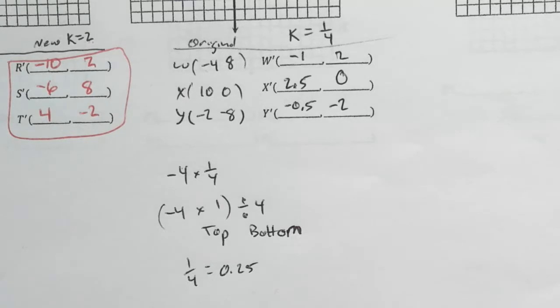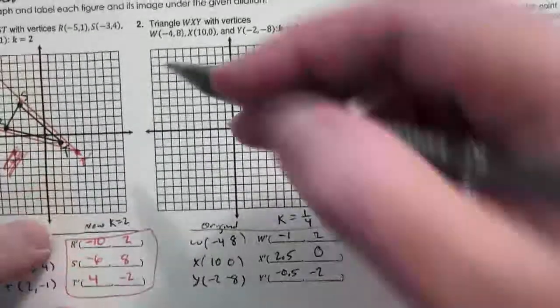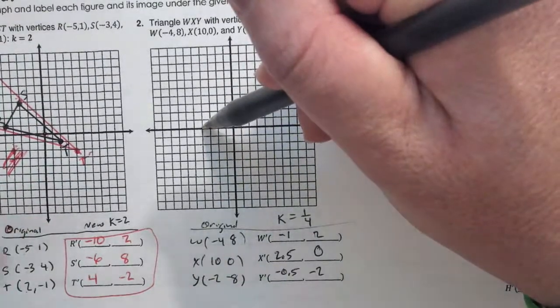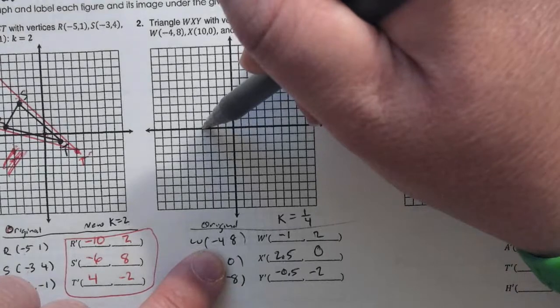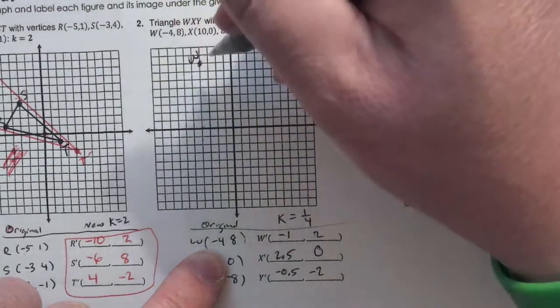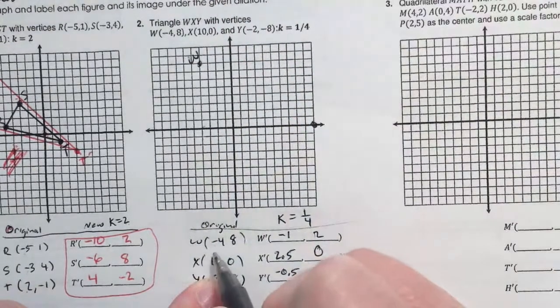Now we're going to double check ourselves. This is a good way to make sure you did this right. Our original points to plot were -4, 1, 2, 3, 4. So basically we're done, but now we're just going to check ourselves. So -4, 8, there's my W. 10, 0, this is XY, right?